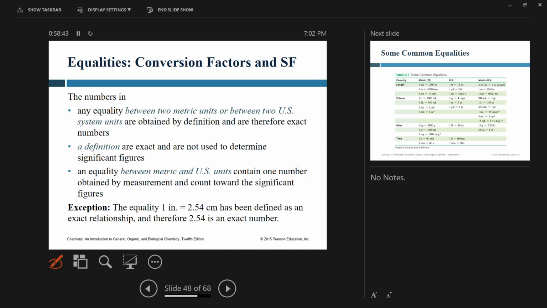Now, a really important note: conversion factors and how they play with significant figures. Inside of each system, equality is an exact number. How many ounces are in the pound? 16. Can it be 16.1? No, it's a definition. 16 ounces.